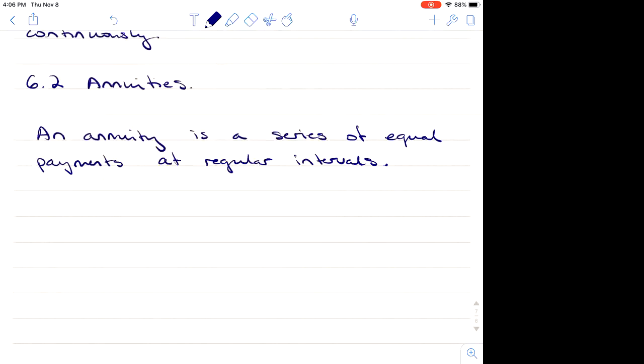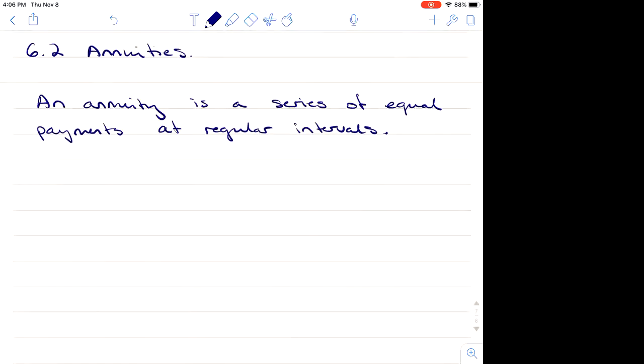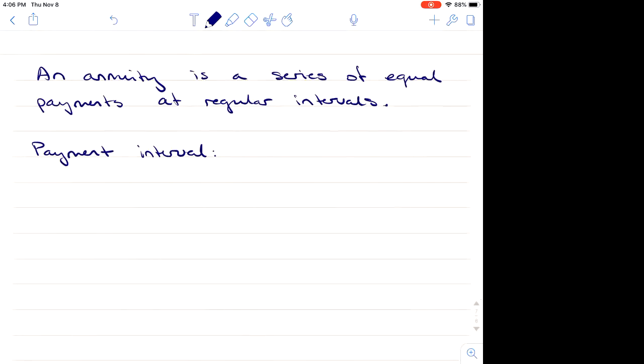So we're going to define some things that we already know, but we'll put them on paper and then we can forget about it. The payment interval is going to refer to the amount of time between the payments.